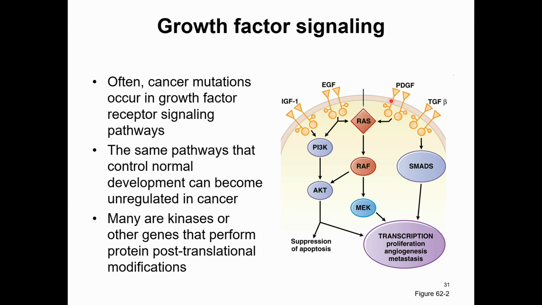Here are some pathways mediated by receptors called IGF, EGF, PDGF, TGF-beta, etc. When these receptors are activated by binding an endogenous ligand of some kind, there is all this signal transduction that occurs inside the cell where you're activating kinases and other factors, but leading to the activation of transcription factors that turn on genes involved in such things as cell proliferation, angiogenesis, the formation of blood vessels, and metastasis, the ability of cells to detach and move somewhere else.